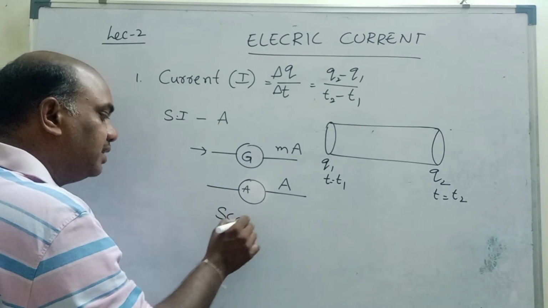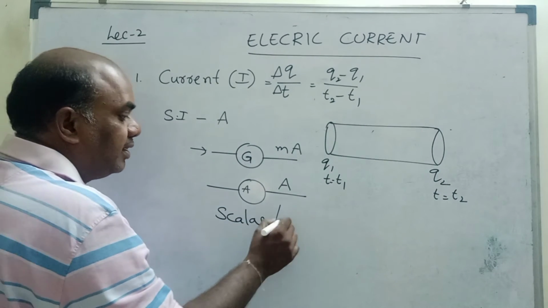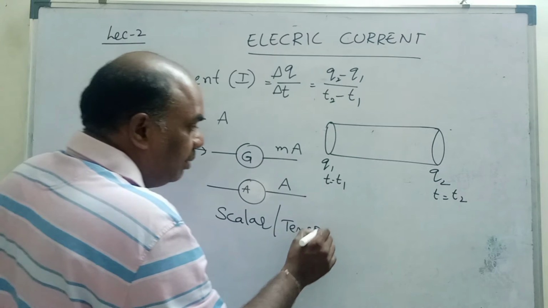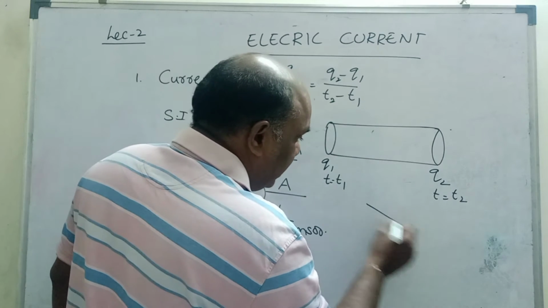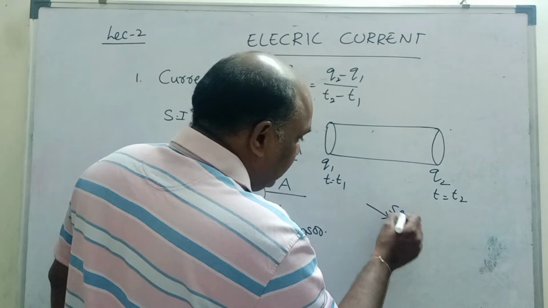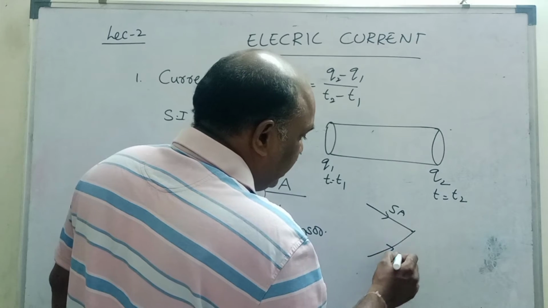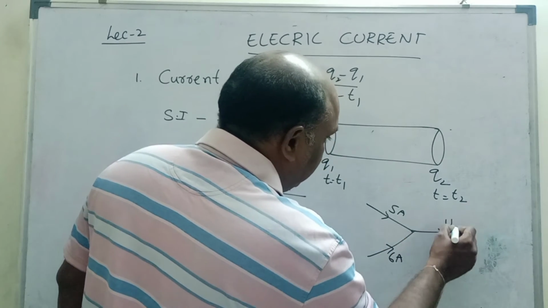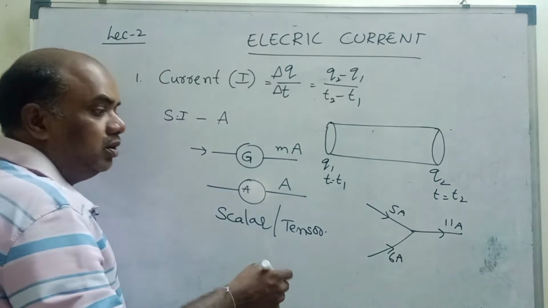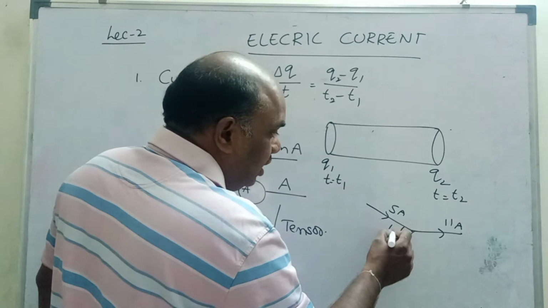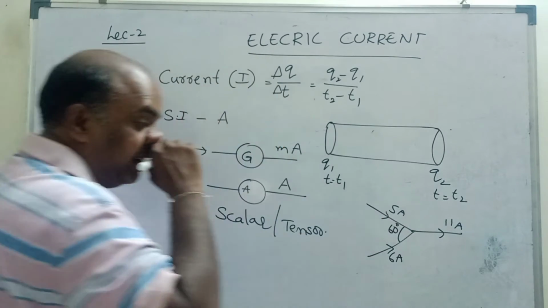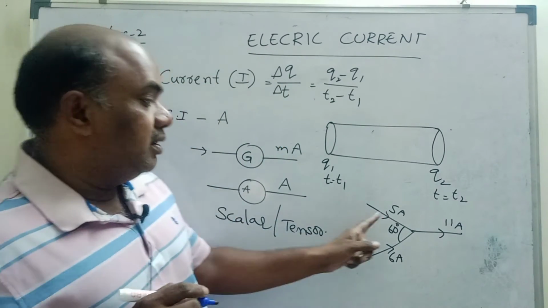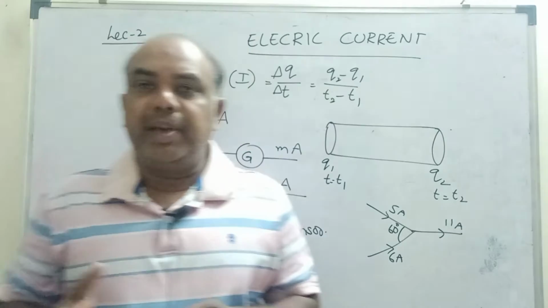Is current a scalar quantity or a vector quantity? Because directly, this is 5 ampere, this is 6 ampere, you can directly add them: 5 plus 6, 11 ampere. You need not consider the angle. If it were a vector quantity, you would have to apply the vector parallelogram law.